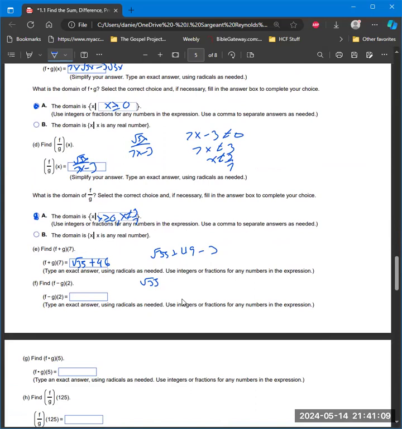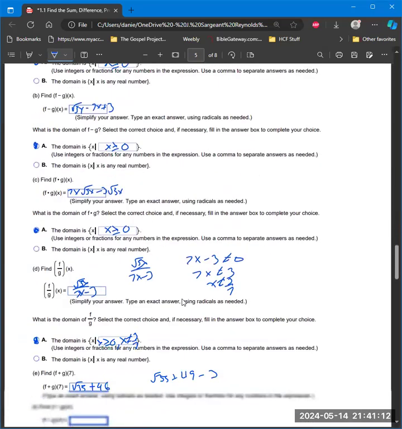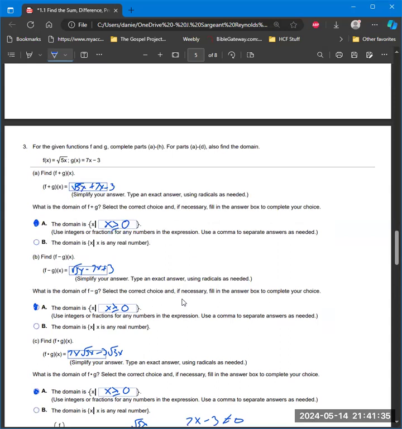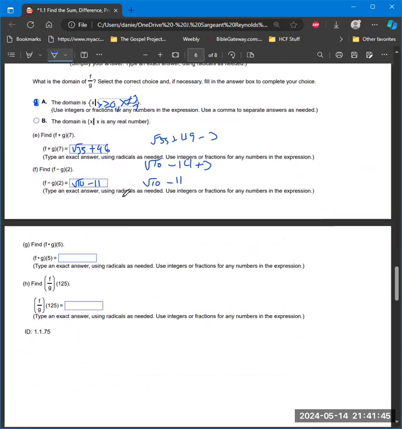Sorry, this is 2, so minus 14 plus 3. And this is not 35, this was 2 going in there. So 5 times 2 is 10, 2 times 7 is 14, 14 minus 3 is 11. So root 10 minus 11.